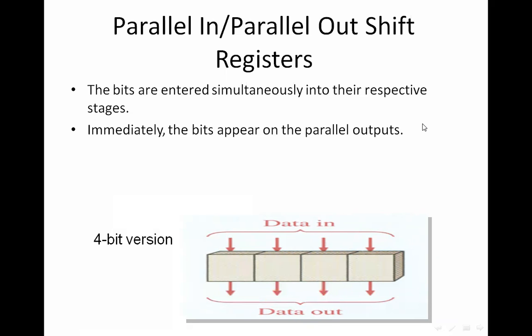Okay, fine. So the data bits are entered simultaneously into the respective stages. Immediately, the bits appear on the parallel output. So that is the property of data in and data out, which is parallel in, parallel out. So immediately, as soon as you have your data given, so that would appear instantaneously at your output.